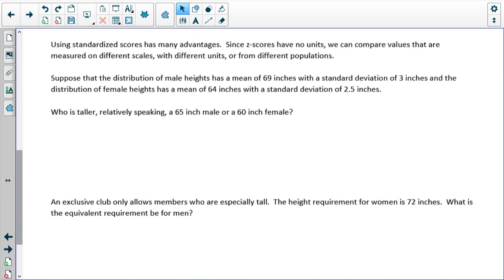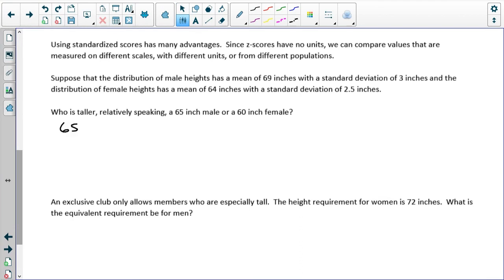So let's say male heights have a mean of 69 inches and a standard deviation of 3, and female heights have a mean of 64 and a standard deviation of 2.5. Who's taller, relatively speaking? A 65-inch male or a 60-inch female? Now notice that they are both shorter than average, so we should get negative z-scores because they're less than the mean, so it's going to be a certain number of standard deviations below the mean.